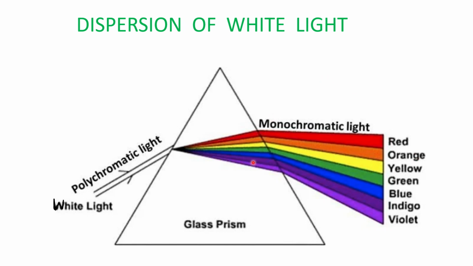This separating or splitting of white light when passed through a glass prism is called dispersion of light. To remember these colors, we use the first letters in order, and we term it VIBGYOR. I hope this is clear.